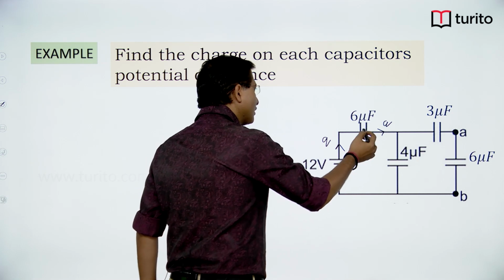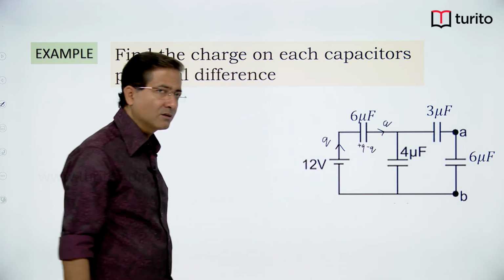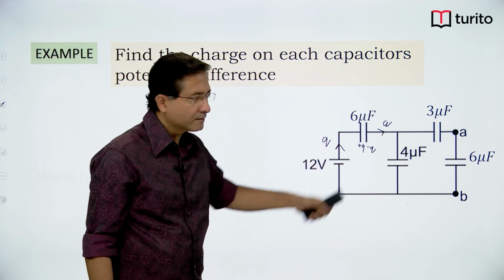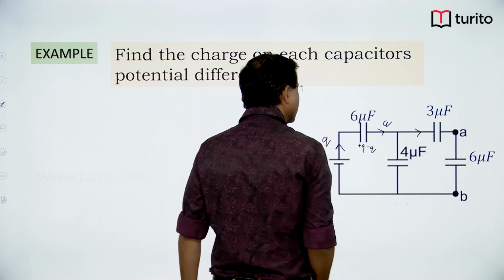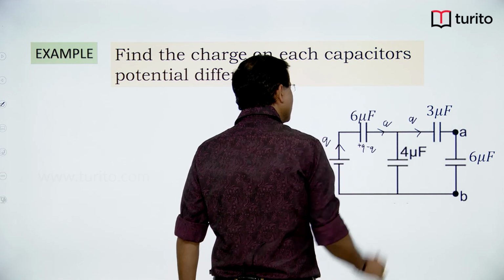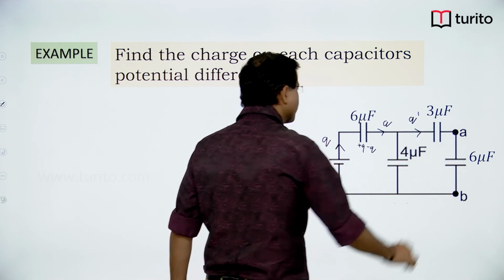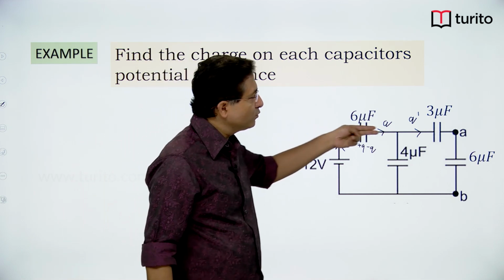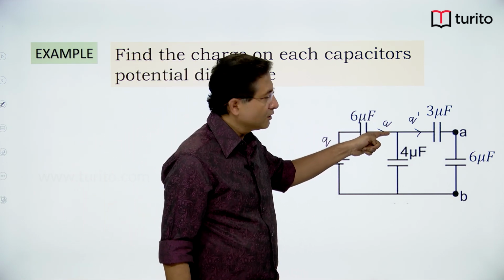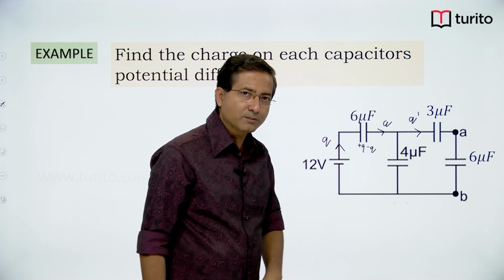So minus Q is because it gives whatever it gets. Here let some Q dash follow this path. Out of this charge Q which is reaching the junction, Q dash goes through this path.